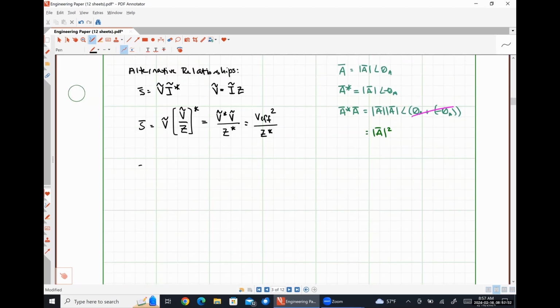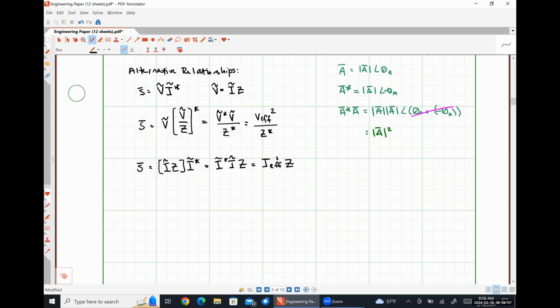Similarly, I can put things in terms of current, right? So I know that V is equal to I times Z. So I'm going to have I times Z times I conjugate, which is going to look like I conjugate times I times Z, or simply the effective value of the current squared times the impedance.